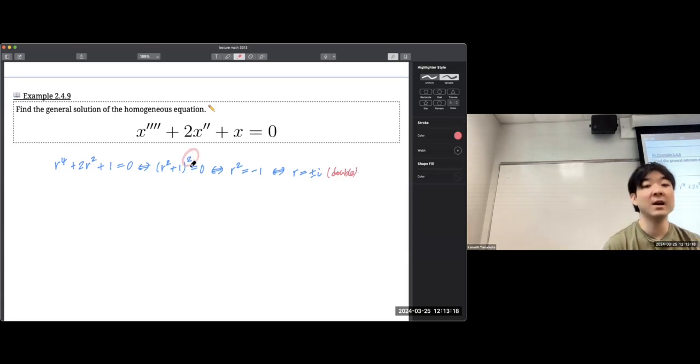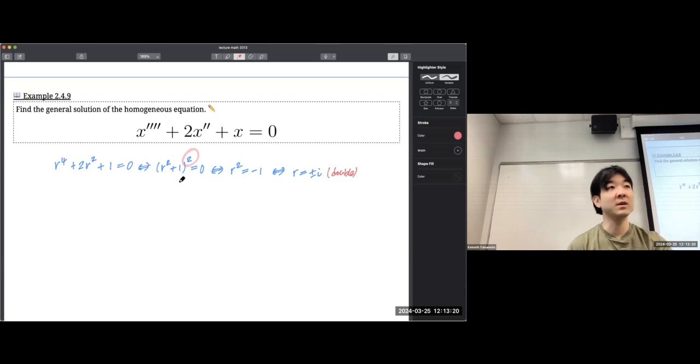If this wasn't there, and it was just r squared plus 1 equals 0, then you just move the 1 to the other side and take the square root and we're done. But this is actually squared, so this is a double root. Plus or minus i is a double root. And we want it to be a double root because we need up to 4, because this is a fourth order ODE.